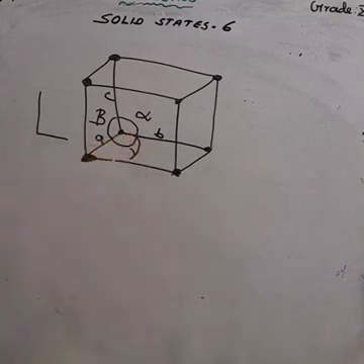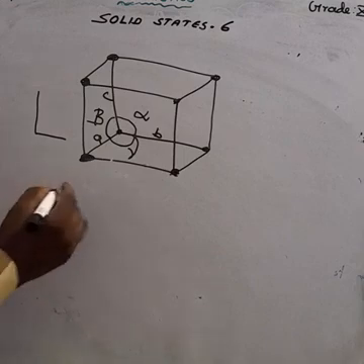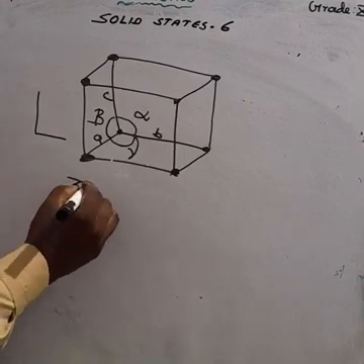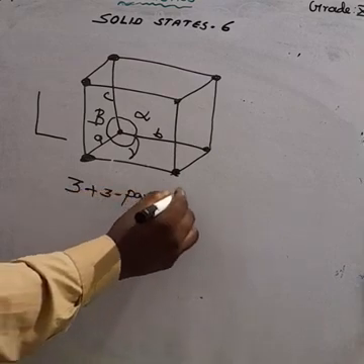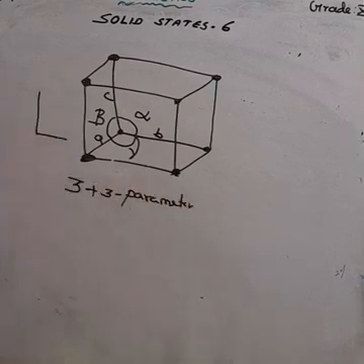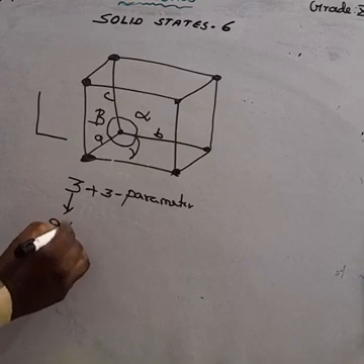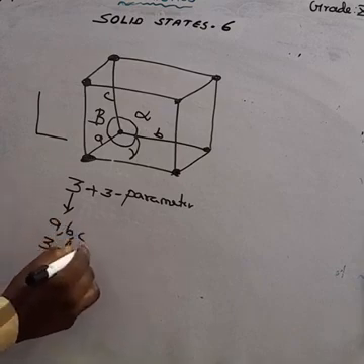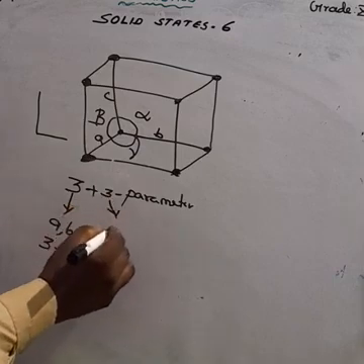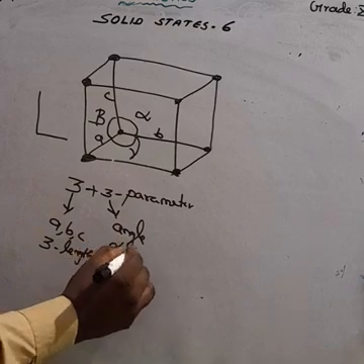Okay. There are 3 plus 3 parameters. One is length: 3 lengths A, B, C. The next is angle: alpha, beta, gamma.